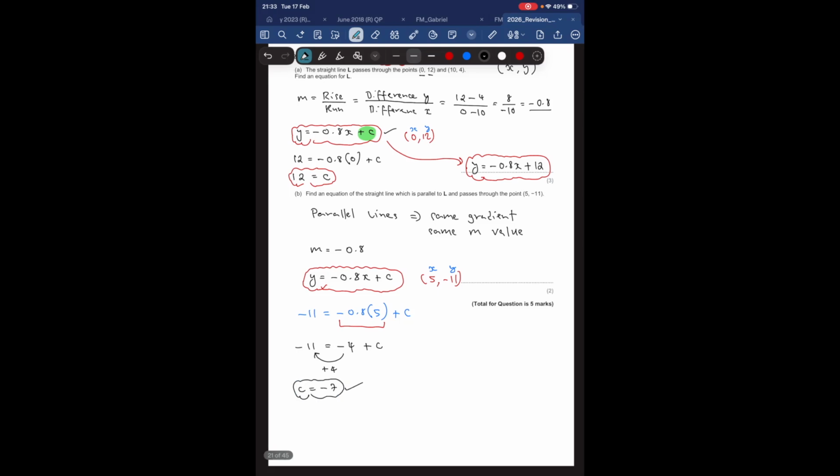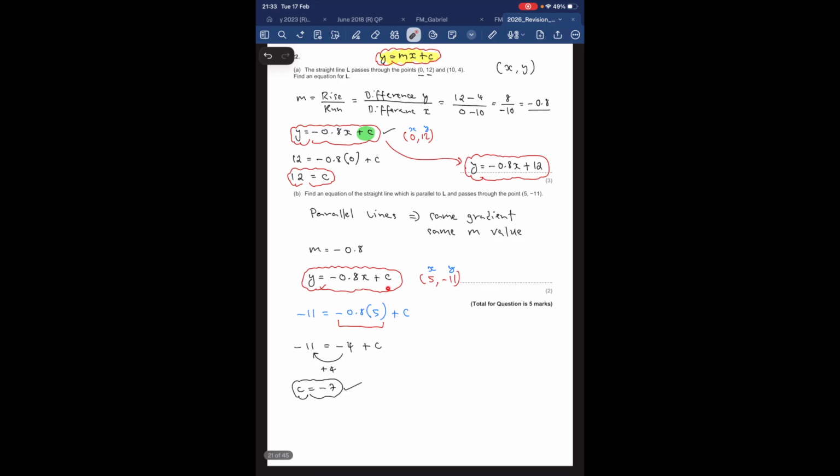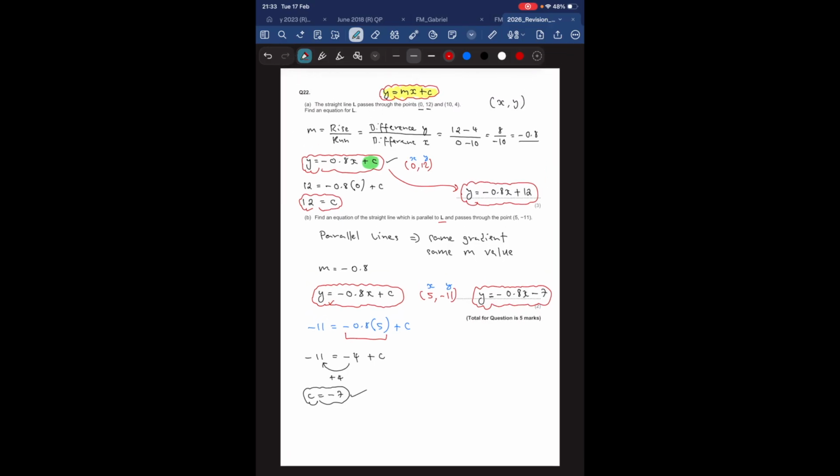Going back to our equation, we can replace this plus c with minus 7, and that's going to give us the equation for the new line, which will be y equals minus 0.8x minus 7. And that is the equation of the new line, which is parallel to the line L that we had above.